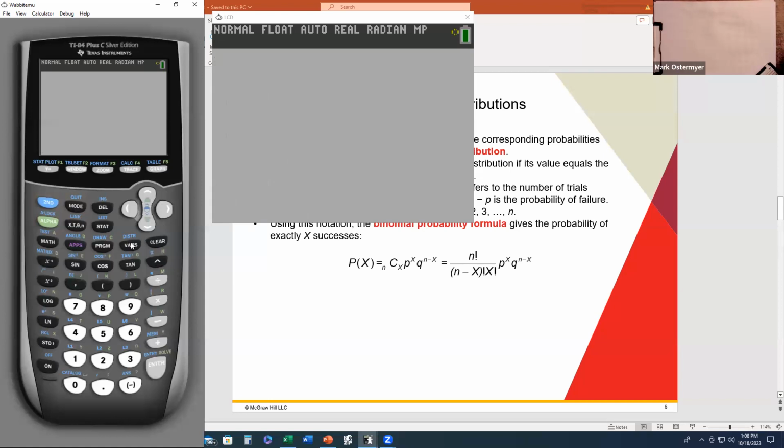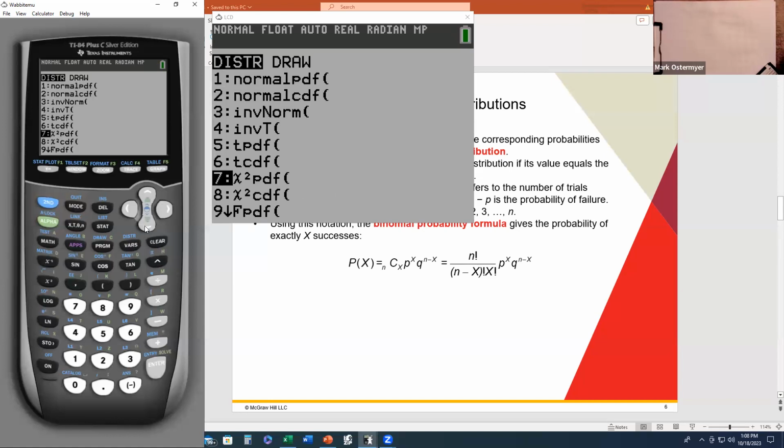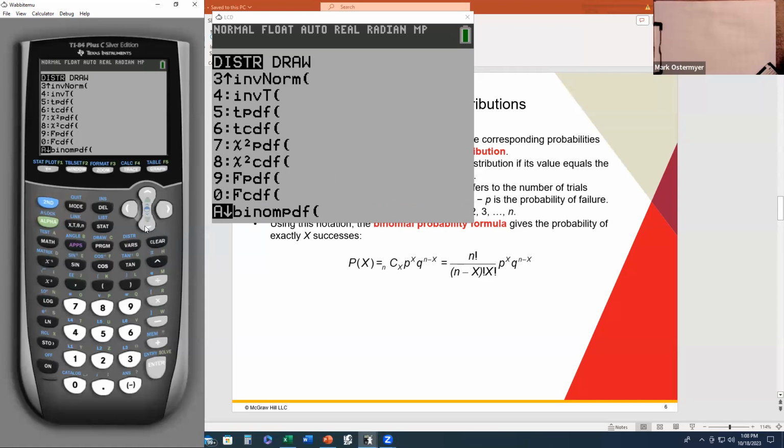Second VARS, scroll down, and you'll run into the binom PDF function. All right. Does anybody in here not see that on your TI-84 calculator? Are we all able to access this function? Yep. And of course, this is assuming, ladies and gentlemen, that we all have a TI-84 calculator.